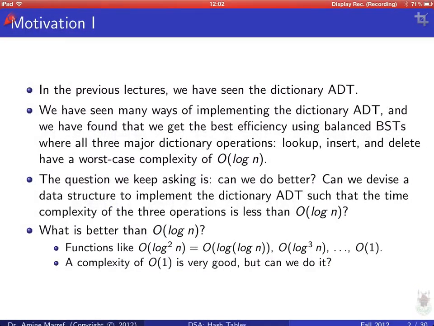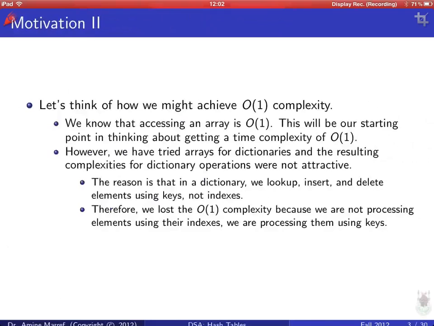So we are continuing the lecture on hash tables. As we have seen last time, hash tables are another way to implement a dictionary, and we are looking at them because we want to see if we can achieve better performance than the performance we have achieved using balanced binary search trees. We said that we wanted the hash tables to give us a complexity of big O of 1.